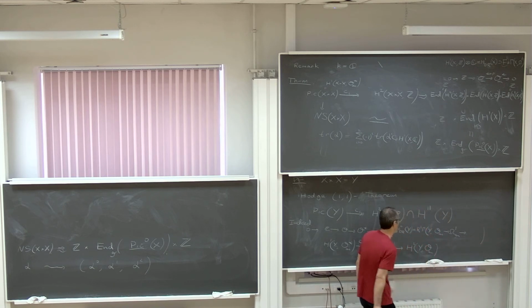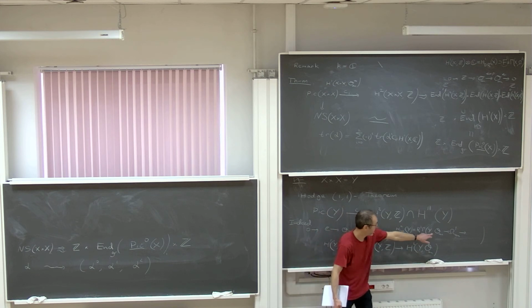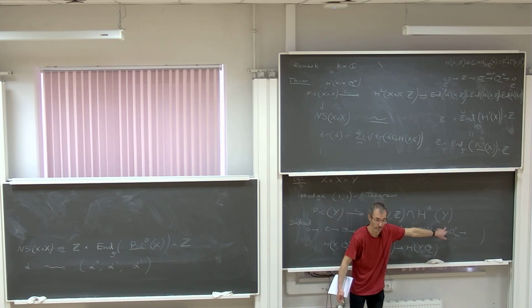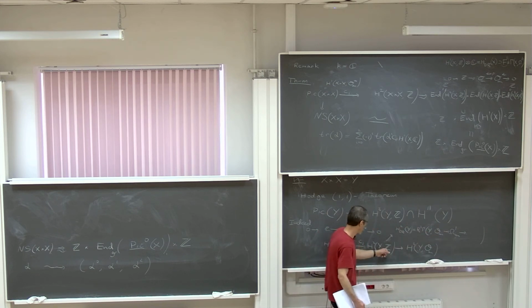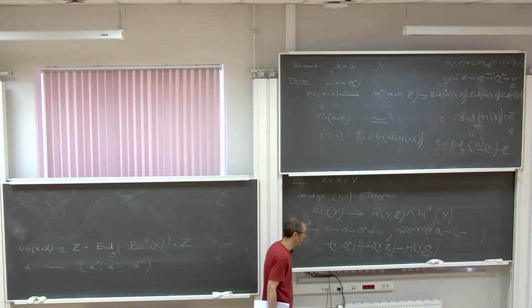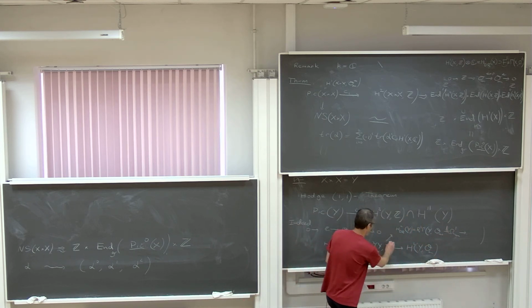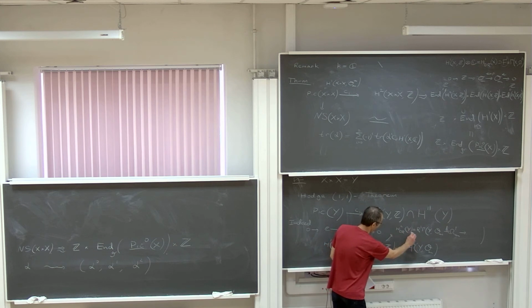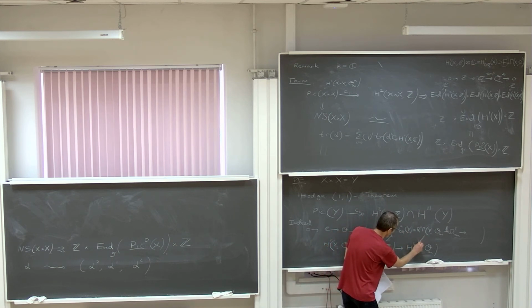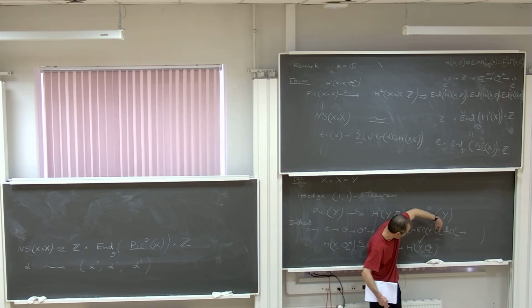Right? So a constant function is not only analytic, it's killed by the differential. So this Z maps to this complex because D of Z is 0. So that means that this map here factors, so you have this map which is also induced by a map of complexes.